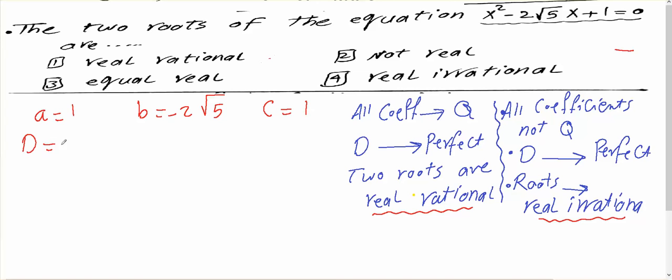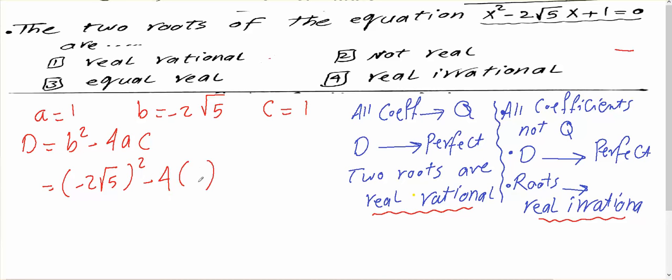Discriminant equals b squared minus 4ac equals negative 2 root 5 all power 2 minus 4 times a times c, with a equals 1 and c equals 1. Negative 2 root 5 all power 2 equals 20. 20 minus 4 equals 16.